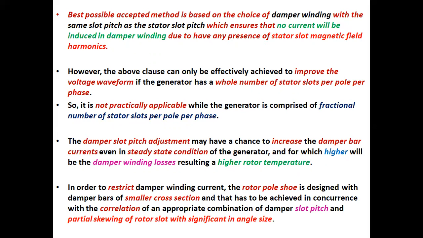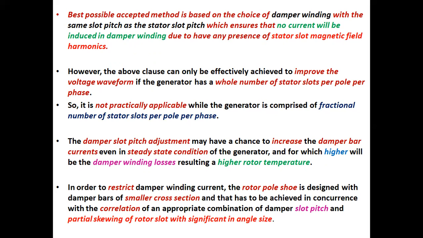However, this can only be effectively achieved to improve the voltage waveform if the generator has a whole number of stator slots per pole per phase. So it is not practically applicable when the generator has a fractional number of stator slots per pole per phase.